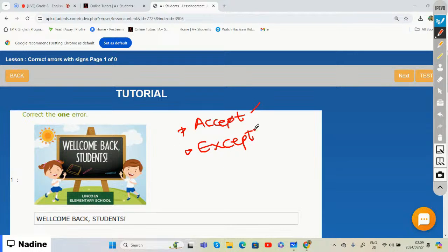And then if you look at the next word, this word is not anything to do with receiving a gift. This word except means excluding something. So this one means receiving a gift, and this one is excluding something.